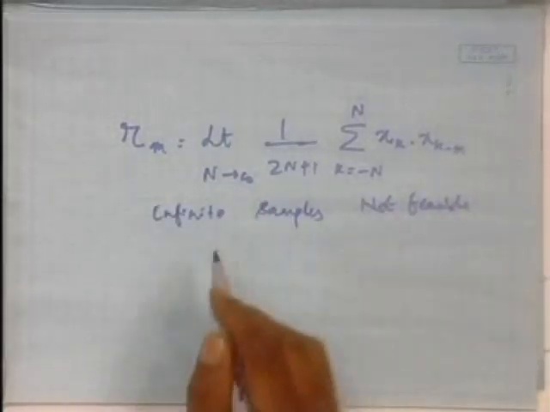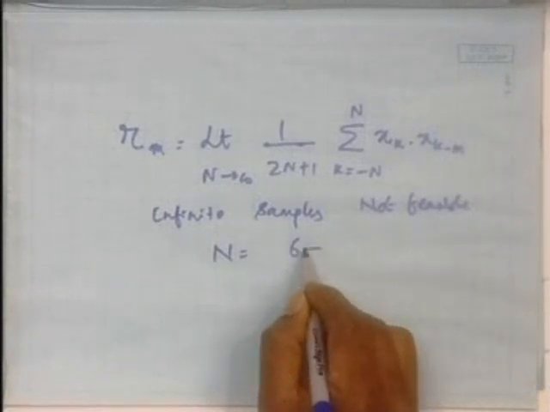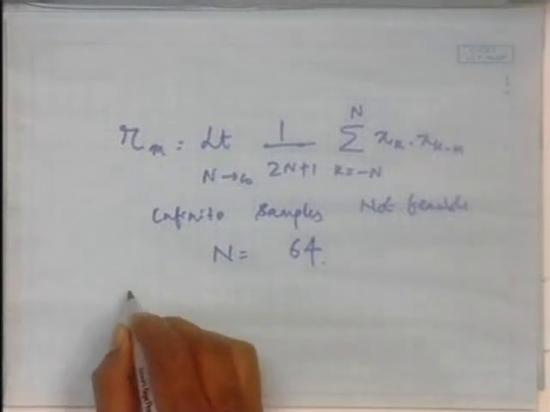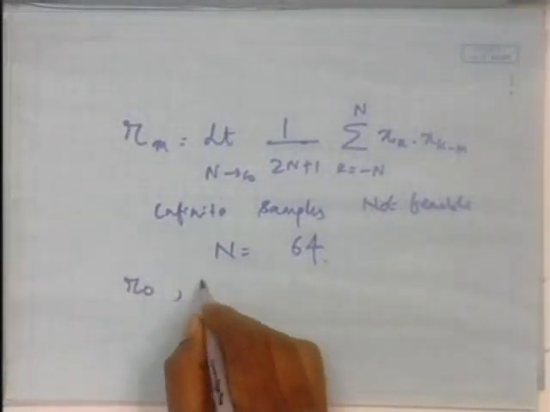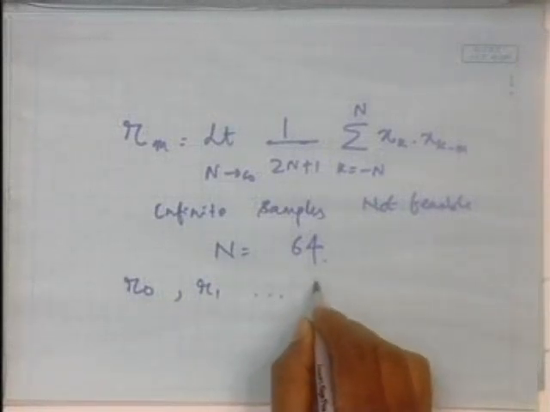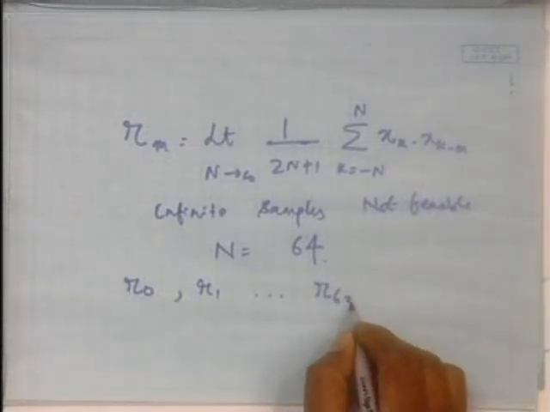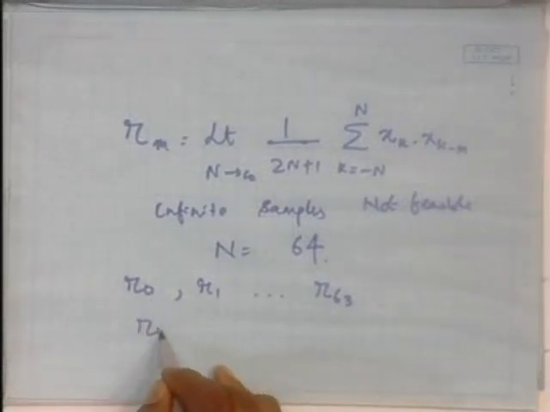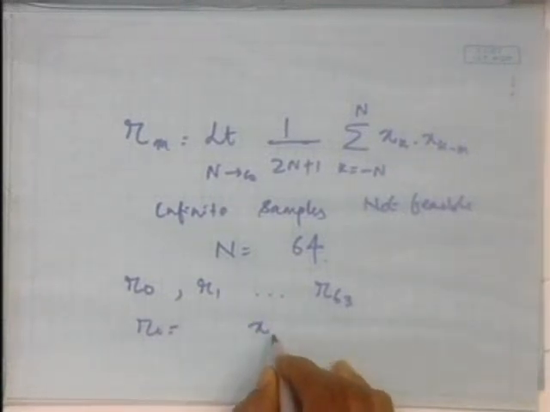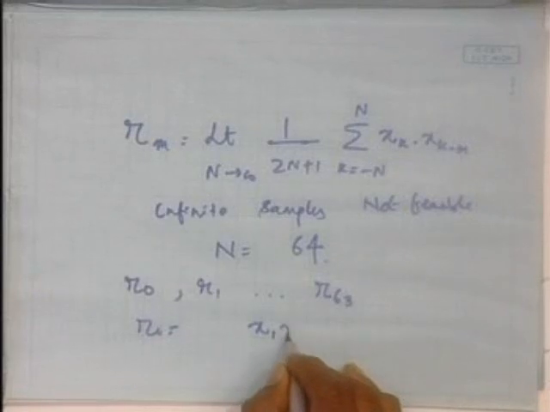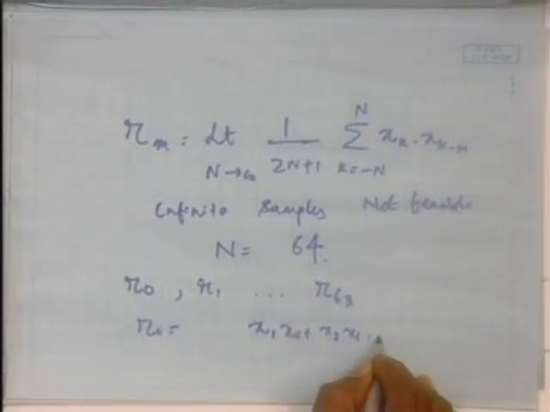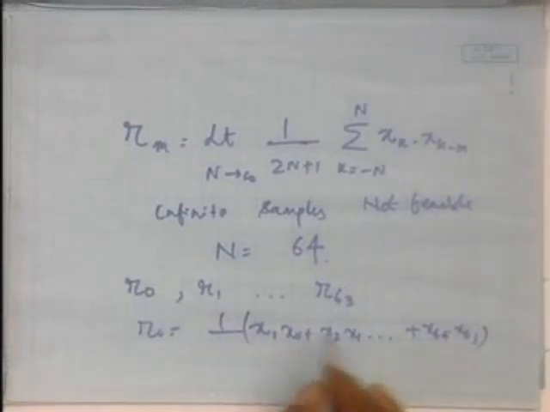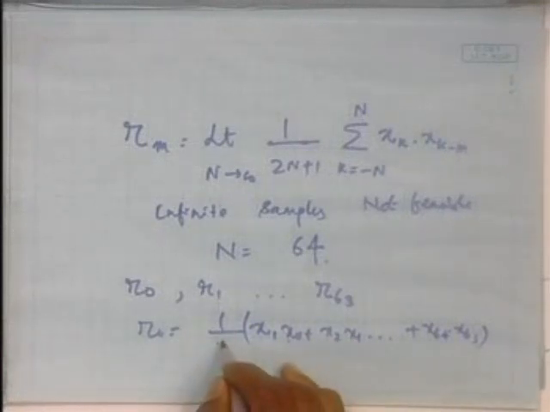Suppose only 64 samples are available. If 64 samples are available, you can calculate R0, you can calculate R1, and you can go up to R63, is it not? How do you calculate R1? You calculate x1 into x0 plus x2 into x1, up to x64 into x63, divided by the number of terms.